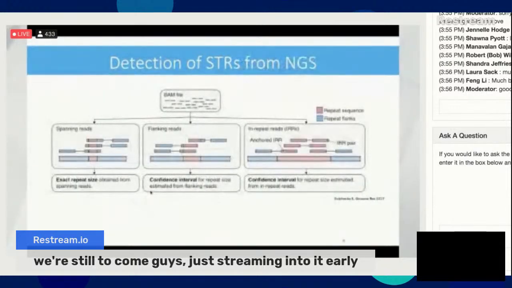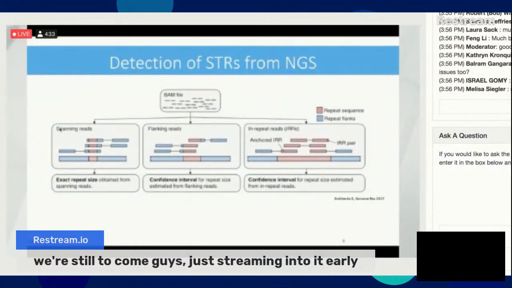So how does the detection of STRs from whole genome sequencing work? The software will scan a BAM file, for example, a whole genome sequencing file, to detect reads that contain the repeat fully, so these are the spanning reads here on the left, or partially, the flanking reads and in-repeat reads.